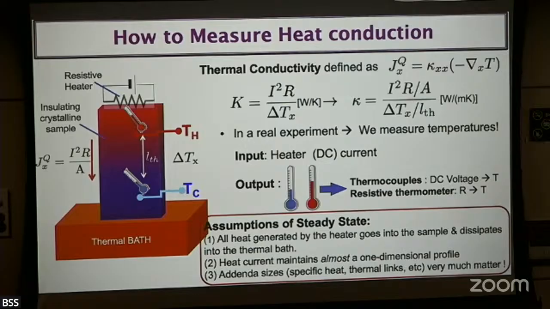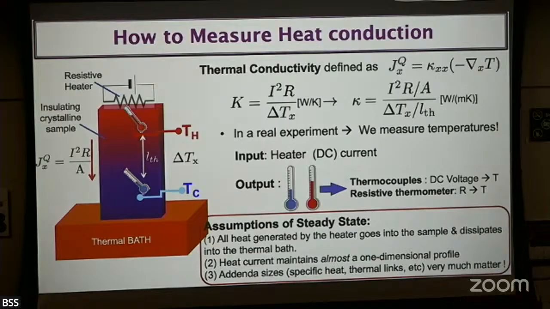For example, if your sample is in a very confined, small space, the radiated heat is deflected back from your copper container and heats up the sample. So there's an extra heat source. You have to be really careful to make sure that all the heat generated, I squared R, goes into your sample, using the vacuum and an appropriate temperature range, so that you don't have to worry about the radiation and many other things.